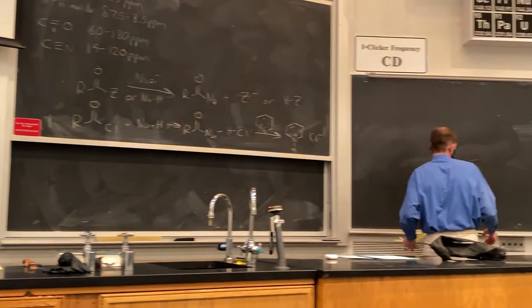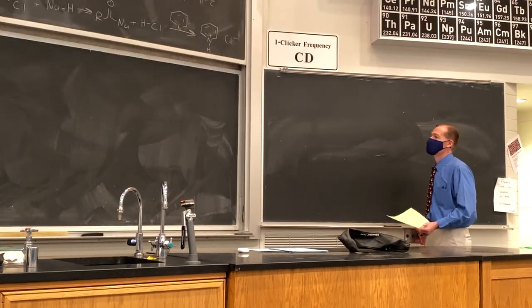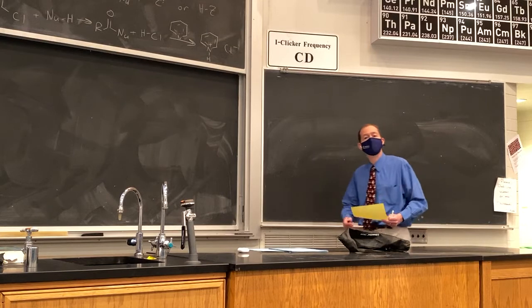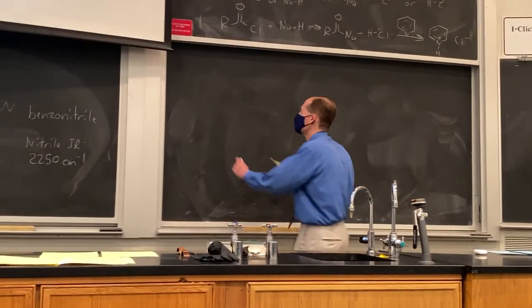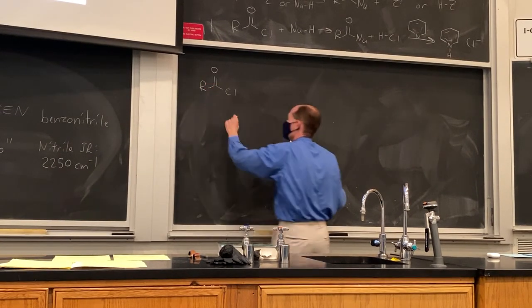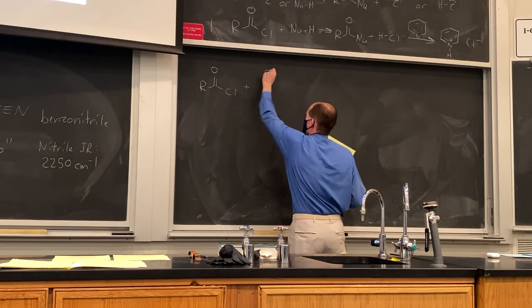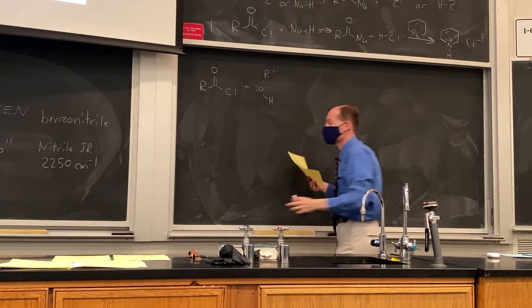But what you do typically want to react acid chlorides with are alcohols, because then you can convert the acid chloride into an ester. So let's draw the mechanism of that reaction. Here's our acid chloride. Here's our alcohol.